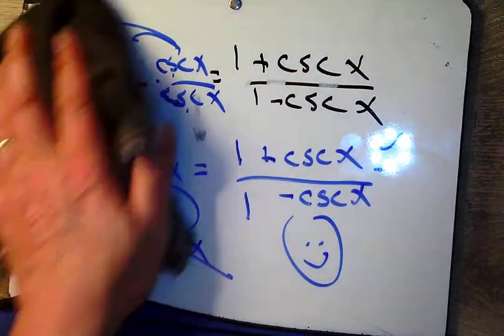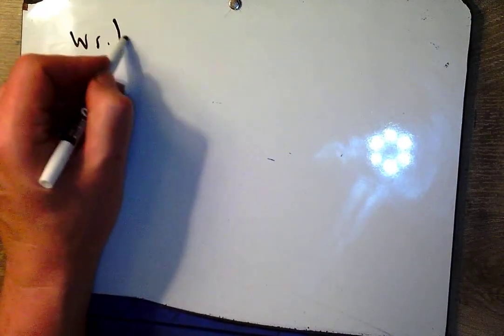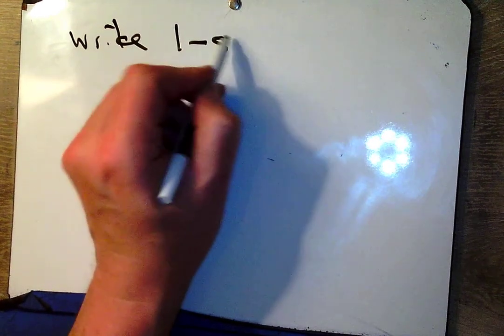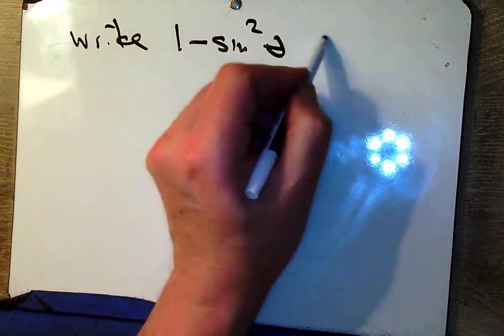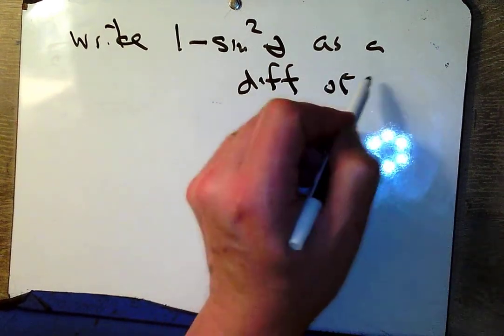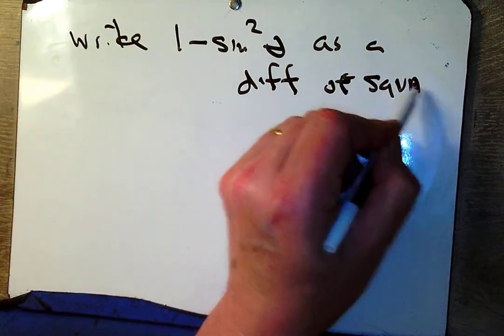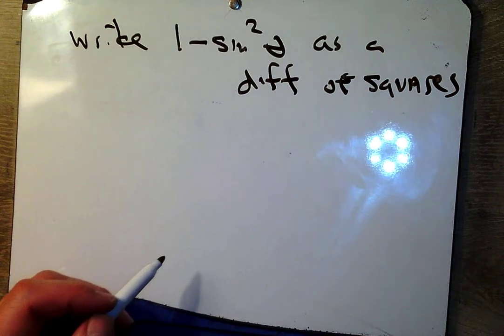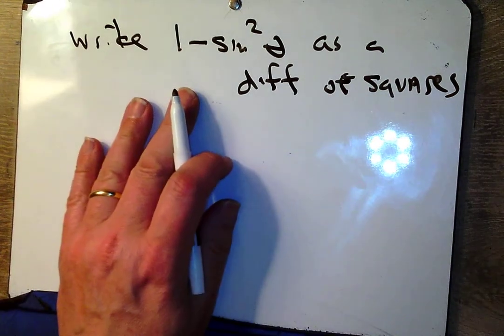I have a couple of notes here. I think these are things you might want to think about. Write 1 minus sine squared as a difference of squares. Okay. Not use your Pythagorean identity.